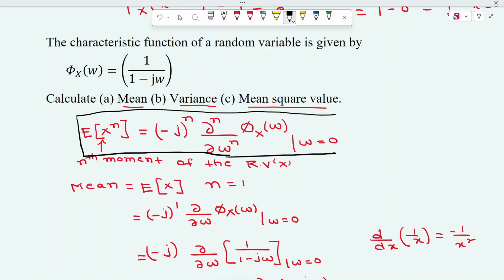The nth moment is expectation of x power n is equal to (minus j) whole power n, dou power n by dou omega power n of phi x of omega, at omega is equal to 0. If you take n is equal to 1, we will get the mean value. And if we take n is equal to 2, we will get the mean square value, that is nothing but expectation of x square. So these are the things that we have to remember for solving this problem.